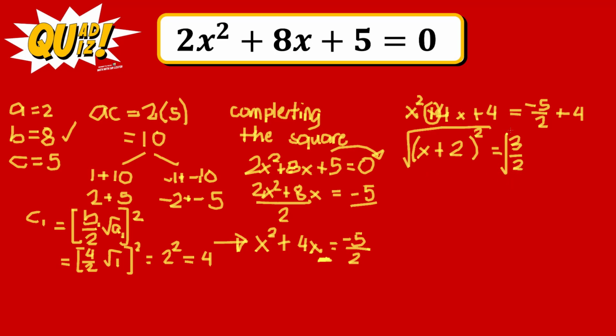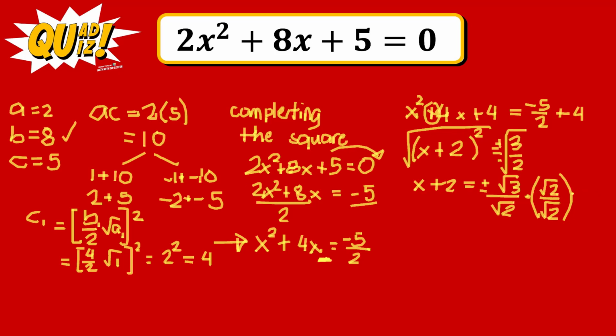When you take the square root of a number, use positive negative. So you have x plus 2 is equal to positive negative square root of 3 all over square root of 2. I am automatically placing it here because we will rationalize this expression. So you might want to review your radical expressions as well. That is why I'm a firm believer that the topic on radical expressions should start first before quadratic equations.